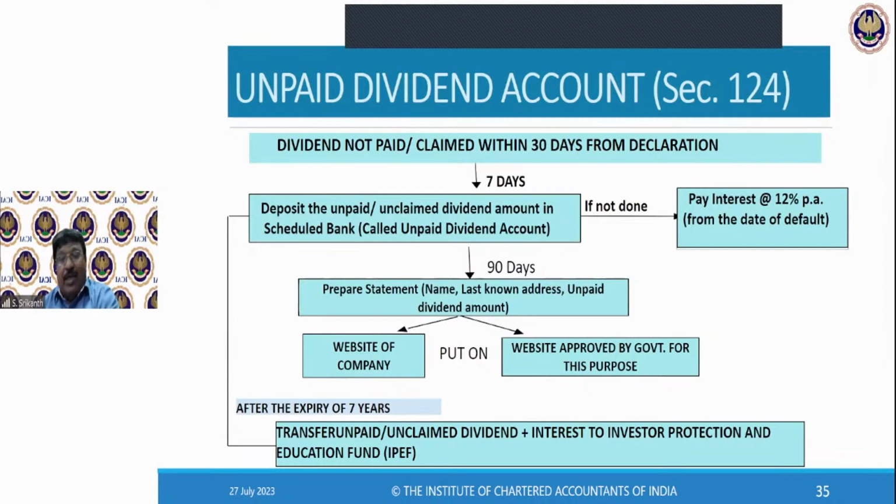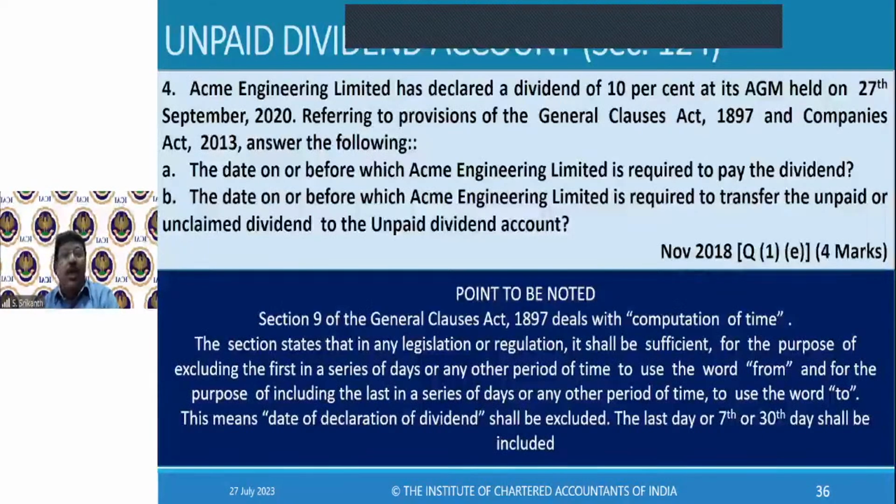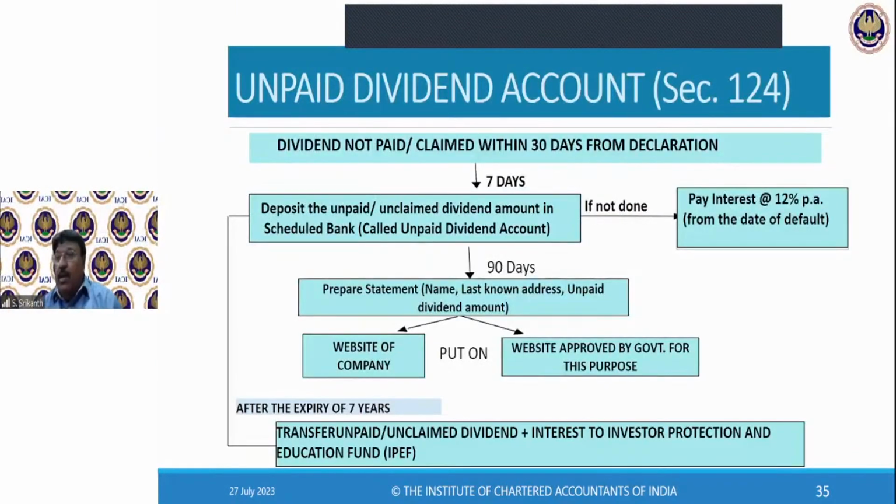In addition to the dividend, the shares themselves had been transferred because it had not been claimed for so long. So we made an application, followed up with the IEPF, and finally the IEPF agreed that you are the owner. Then to the DP account details we gave, they credited the shares.